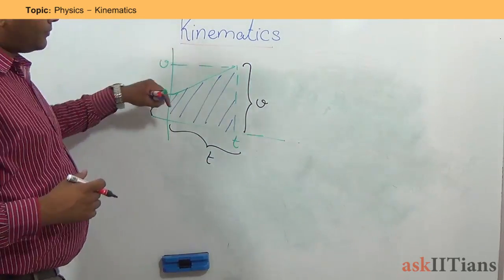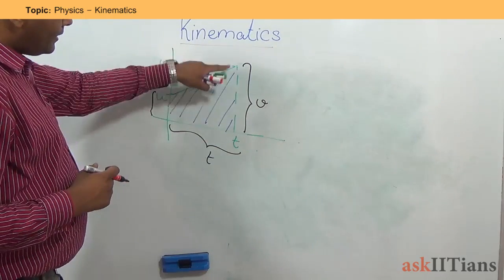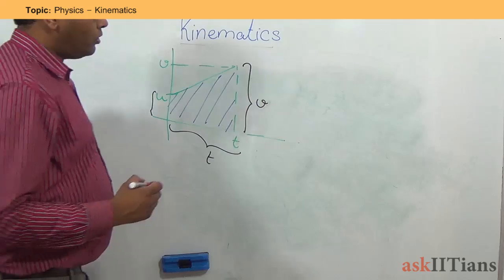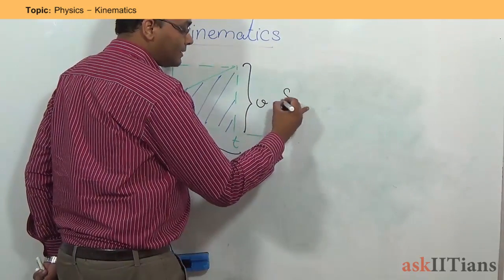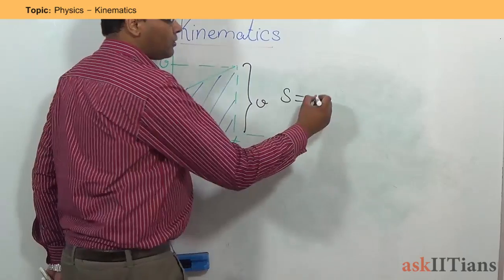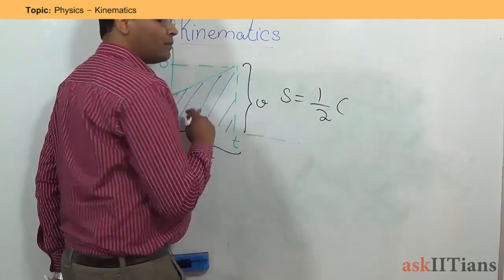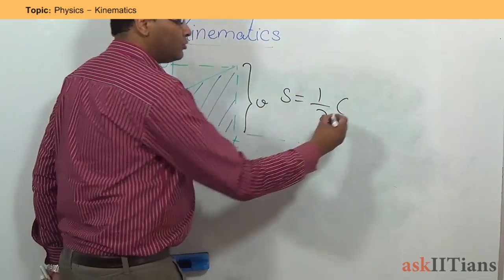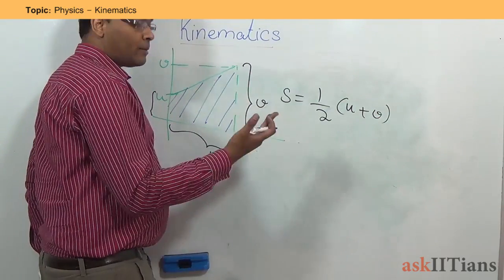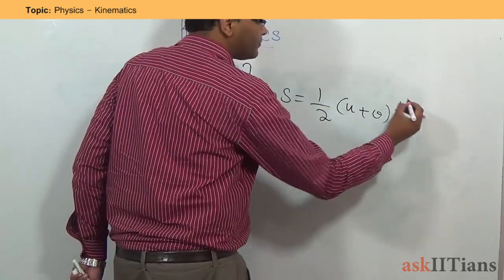So this is a parallel side having a length v, this is another parallel side having a length u. So I can say the displacement s is equal to the area, that is equal to half the sum of the parallel sides, u plus v, into the distance between the parallel sides, t.